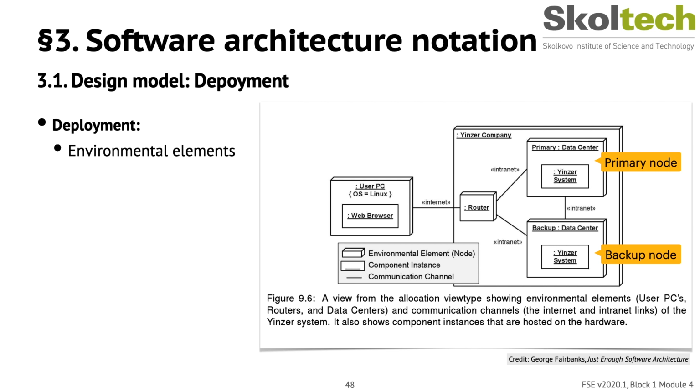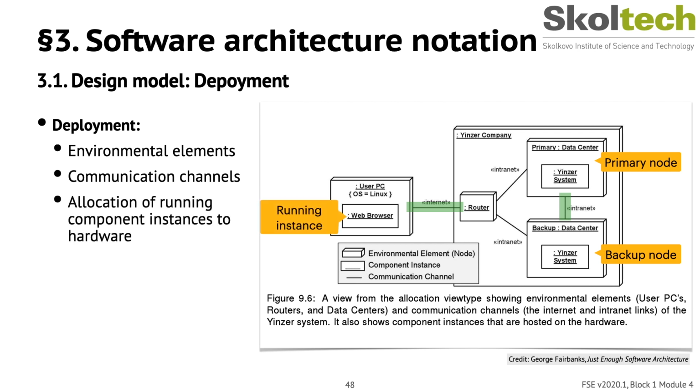The figure also shows that the user's PC is connected to the data center by the internet, and then the primary data center is connected to the backup via an intranet. The diagram also shows how running component instances are allocated to hardware, for example, that the user PC hardware is running an instance of the web browser.